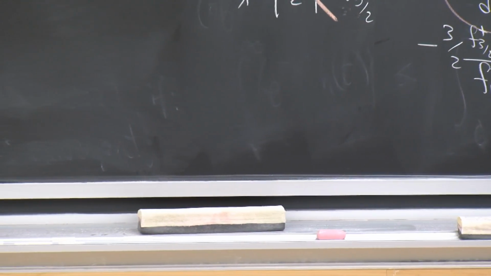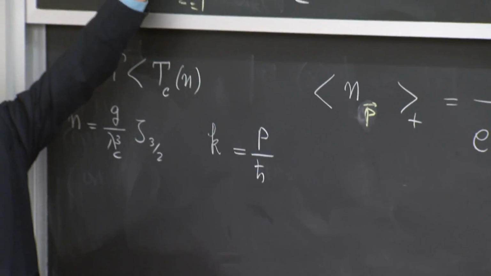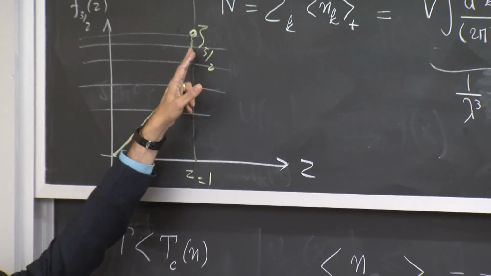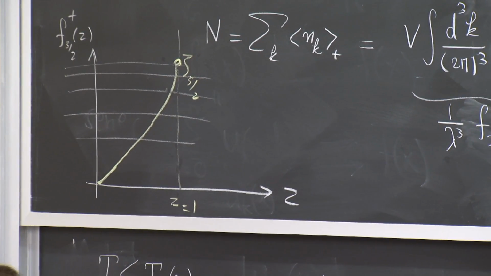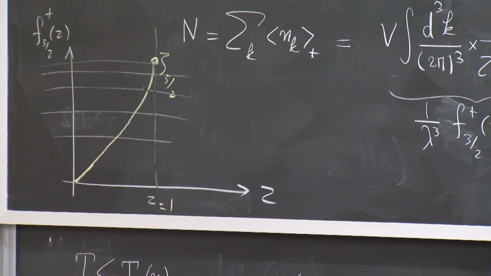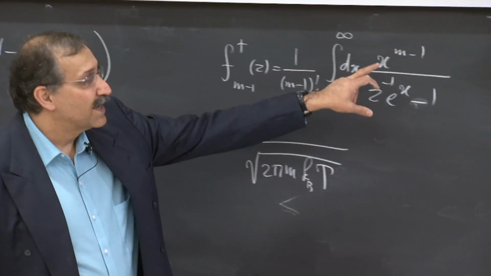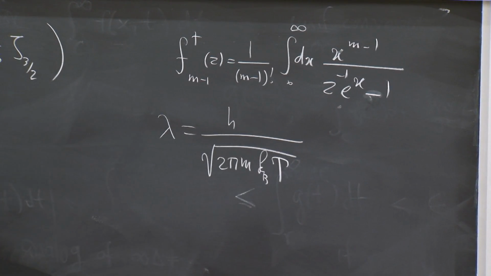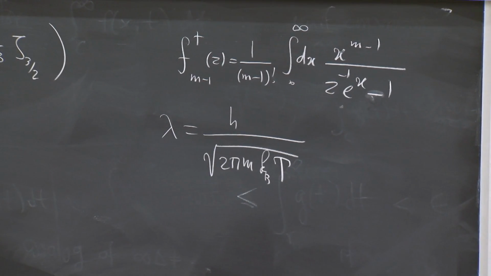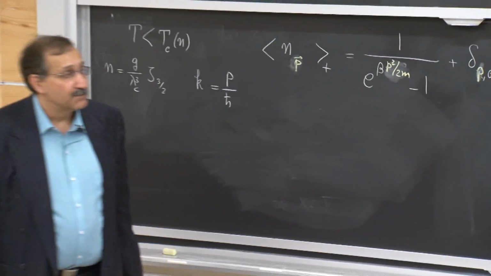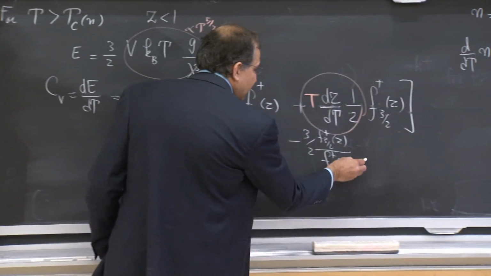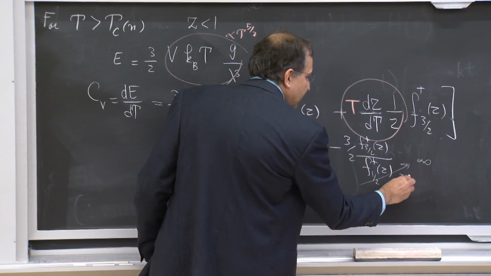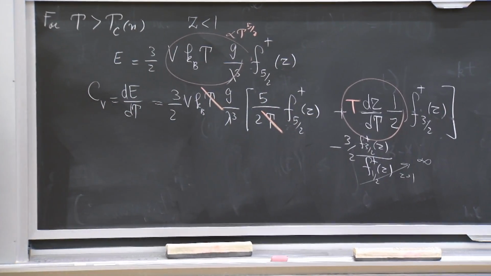Why? Because f_{1/2} is the derivative of this function, and you can see that I drew it so that it has infinite derivative when z hits 1. We had indeed said that this function zeta of m, which is the limit of this when z goes to 1, only exists for m larger than 1, and it is divergent for m less than 1. So when z hits 1, this thing goes to infinity, and the fraction disappears.